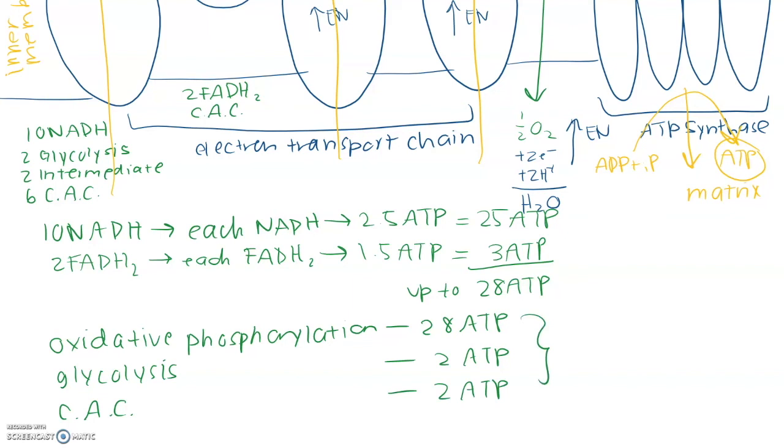And so in sum, we can make up to 32 ATP molecules per glucose. Now, of course, sometimes the whole system is not as efficient, and so we'll make between 30 to 32, maybe sometimes less, depending on how efficient our system is.